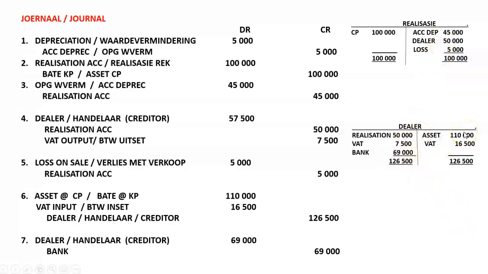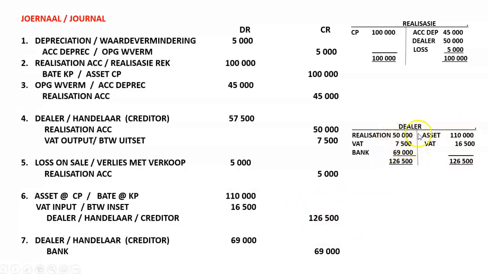The new asset we have determined cost 126,500, and here again I just split it. I took 110,000 to the asset account, the cost price of the asset. 16,500 would go to the VAT input account, and then I owe the dealer the full invoice amount of 126,500. So I owe him 126,500.